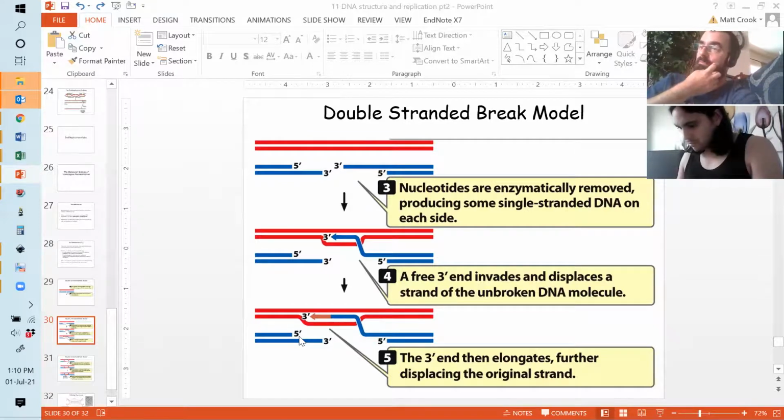What about the other one? So the other one is using this D loop, right? This bit of DNA that has been forced out, so it's single-stranded, flapping around in the breeze. It doesn't have any DNA paired up with it, but it is exactly complementary to this free end of DNA from the broken part.